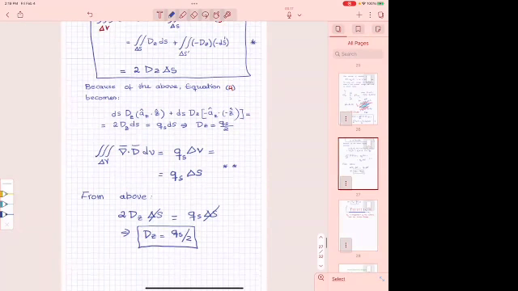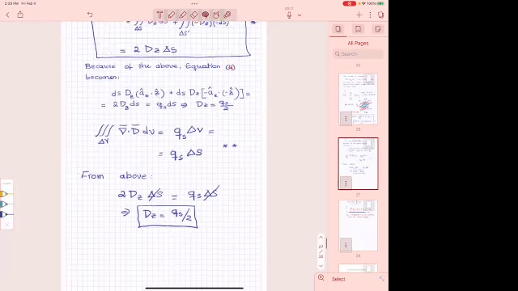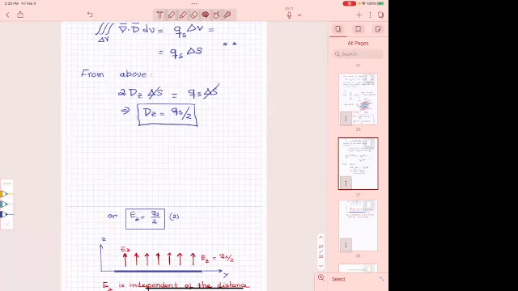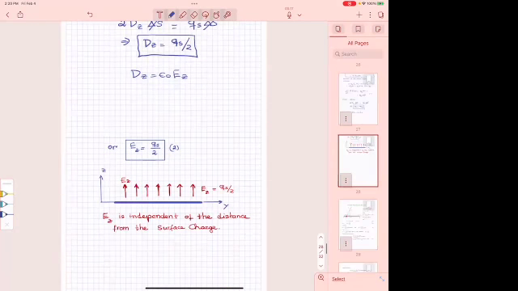All right. So now, I don't necessarily need this one, but anyways, I'll clean it up before I put it up. Okay. And from there, because D sub z equals epsilon naught E sub z, what do we have? We have what you see below.